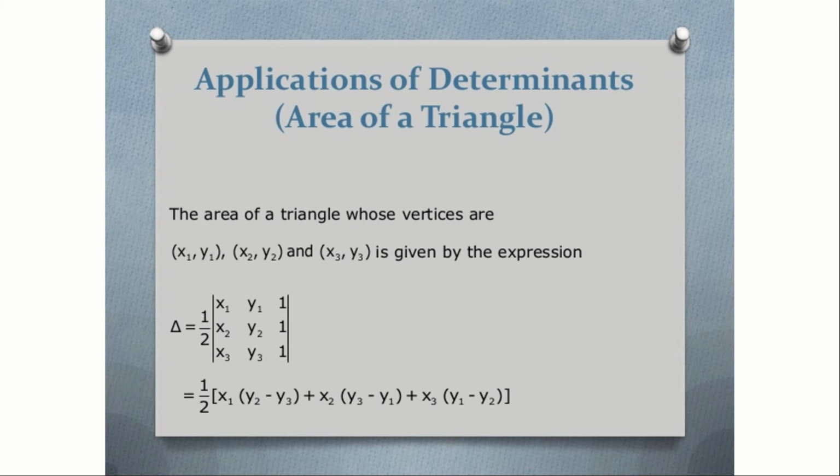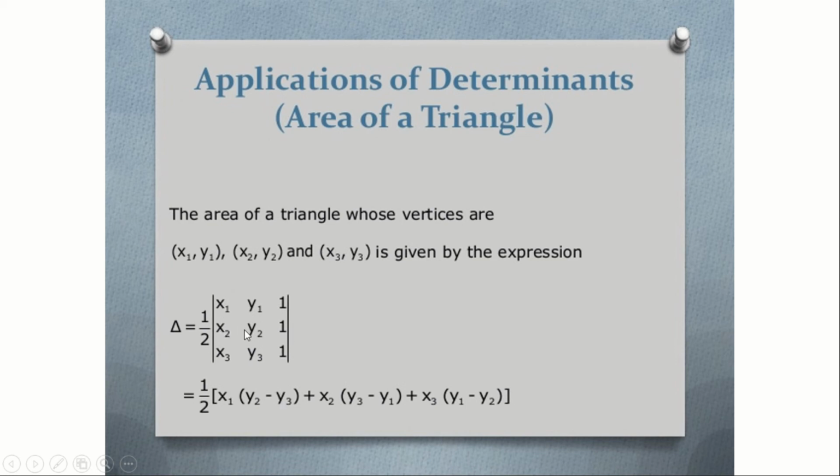Okay. So see here, when we take x1, what will be the minor? When we take x1, this row and this column get deleted. The remaining will be these four elements, and we have to subtract the products. That is y2 into 1 is y2 minus y3 into 1 is y3.